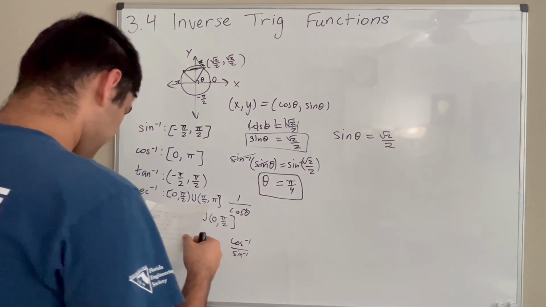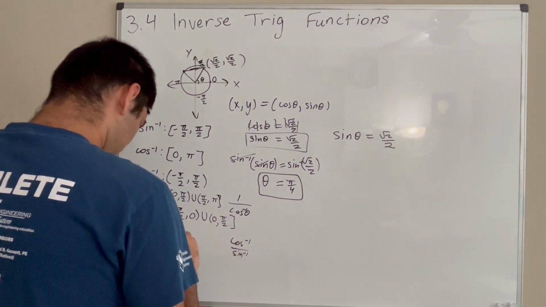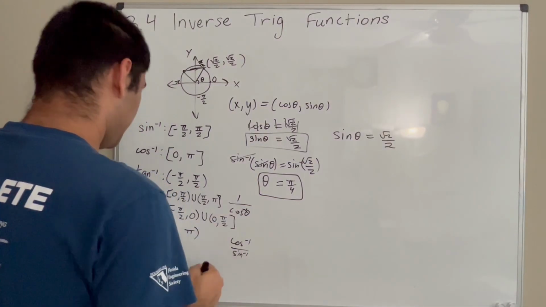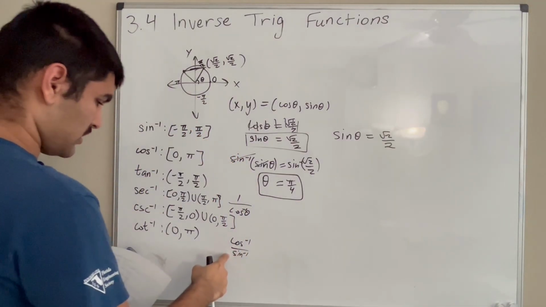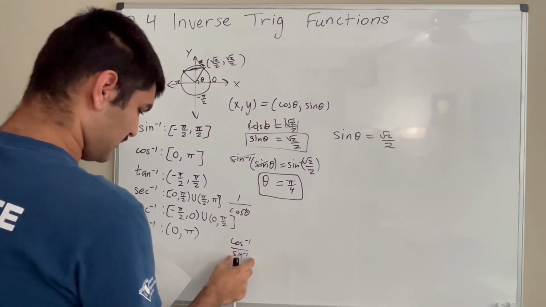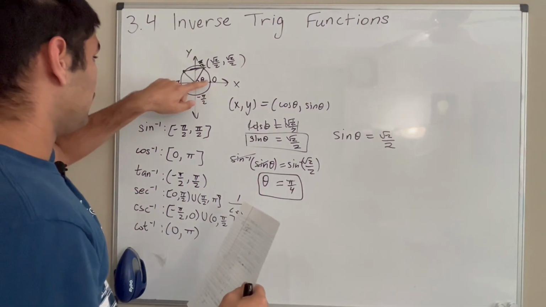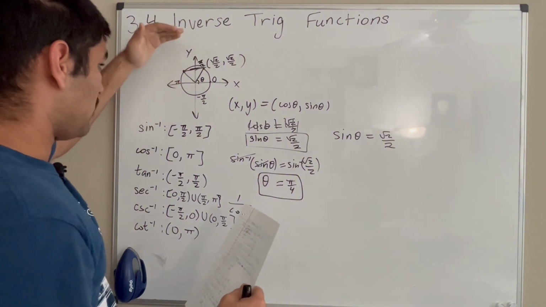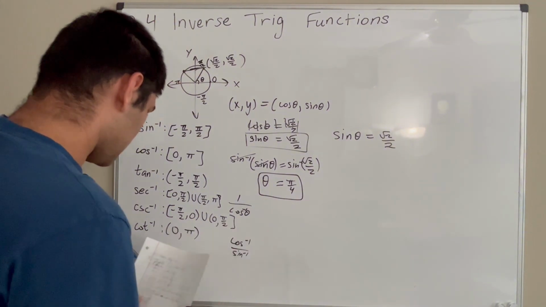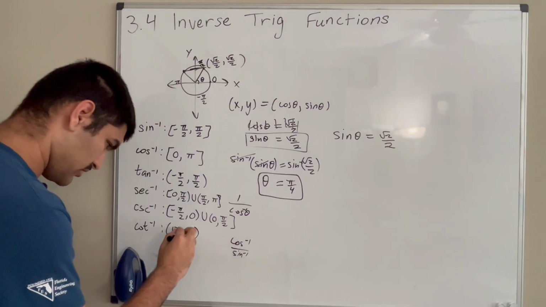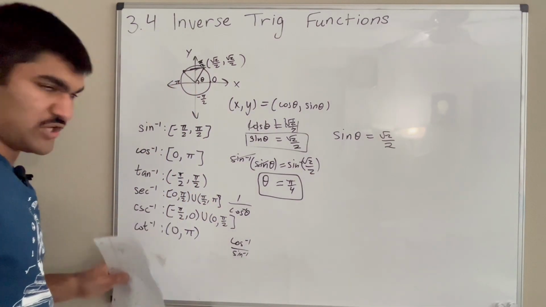So therefore, we define the range as from 0 to pi, because we want to make sure that sine is defined and not 0. On this interval right here, sine is always non-zero. So that's why we go from 0 to pi. And then we also hit every single possible value for inverse cotangent.